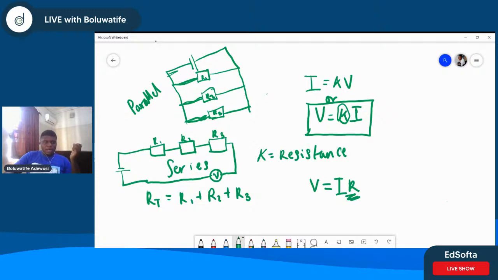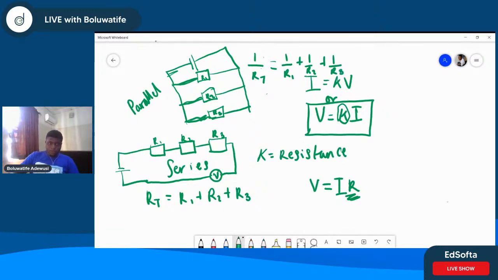Okay, so the total resistance of the circuit just becomes 1 over R1 plus, sorry, I skipped something here. Actually, I meant to write it like this: 1 over RC is equal to 1 over R1 plus 1 over R2 plus 1 over R3.